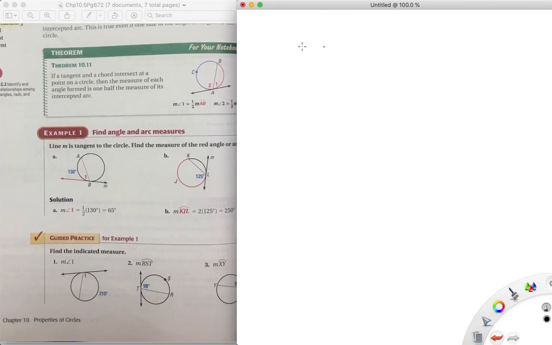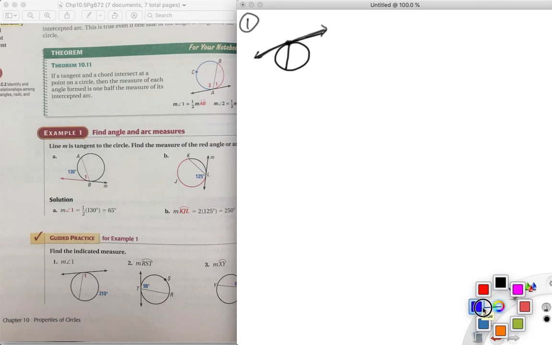If we take a look at number 1, we have a circle, and we have a tangent line like so. Here's my chord. Here's angle 1.